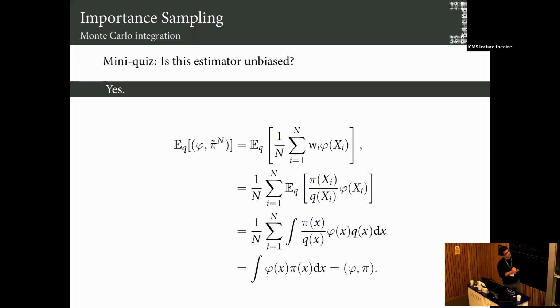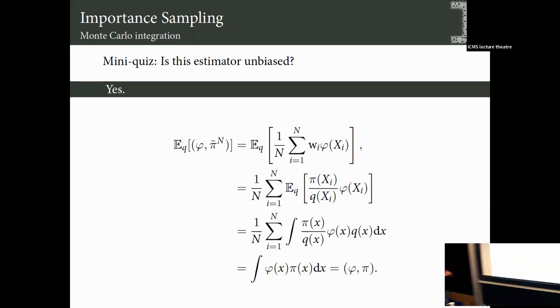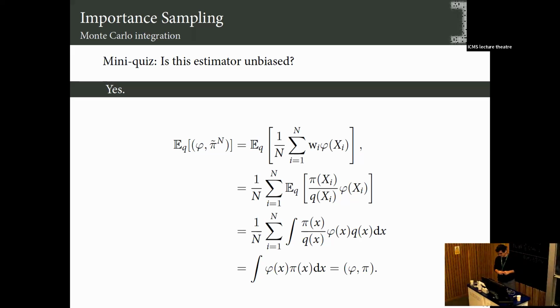And obviously we like unbiased estimators. Well, of course, we like the ones with low variance as well, but in general, unbiased is okay. But this is not going to be, I guess I shouldn't spoil it, but obviously this is the case because we were able to evaluate pi.